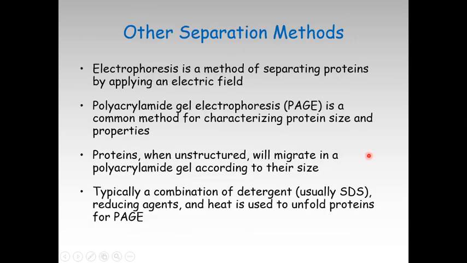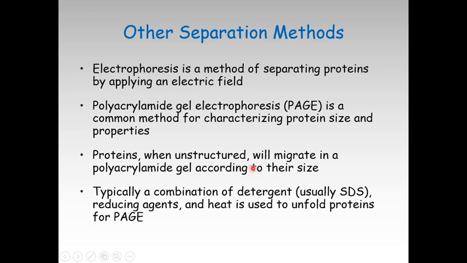There are other separation methods in addition to these 3 column chromatography methods. One of the classic methods is electrophoresis. Electrophoresis is a method of separating proteins by applying an electric field. Polyacrylamide gel electrophoresis, or PAGE, is a common method for characterizing protein size and properties.